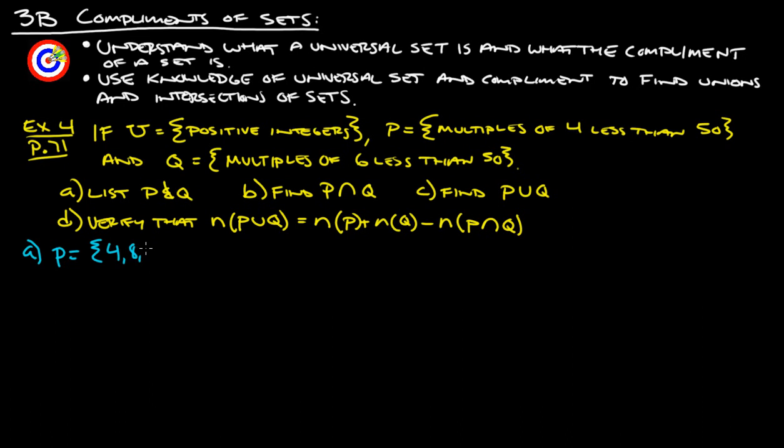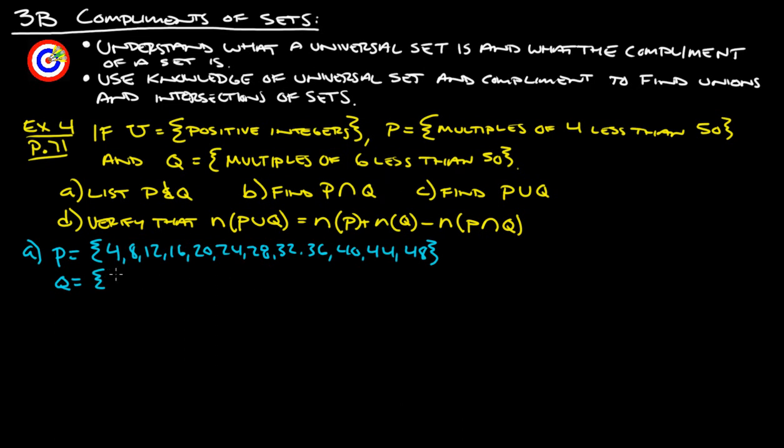So let's just start with 4 and go up to but not include 50: 4, 8, 12, 16, 20, 24, 28, 32, 36, 40, 44, and 48. Alright, so that's all the elements in P.